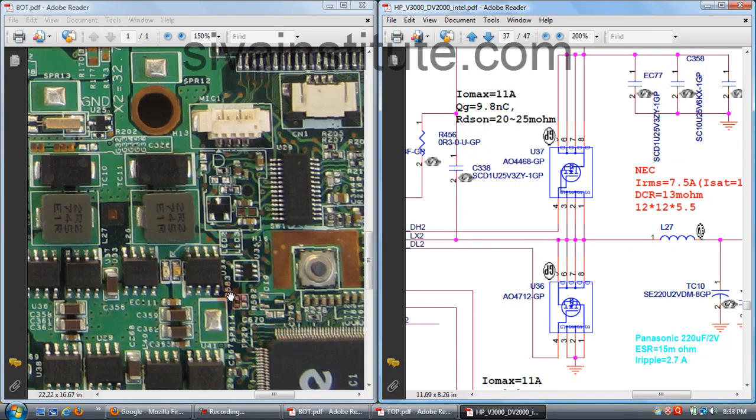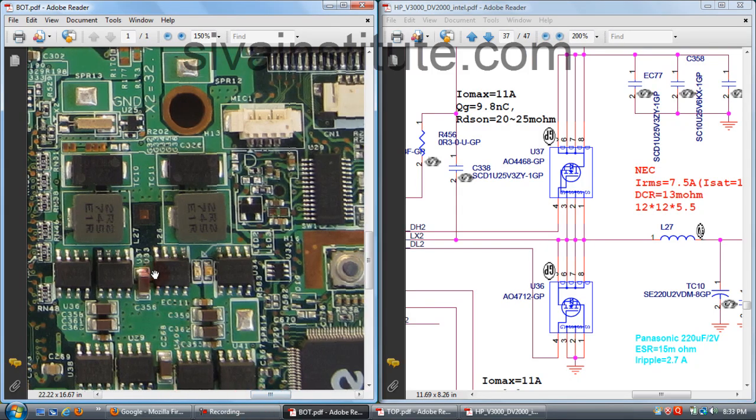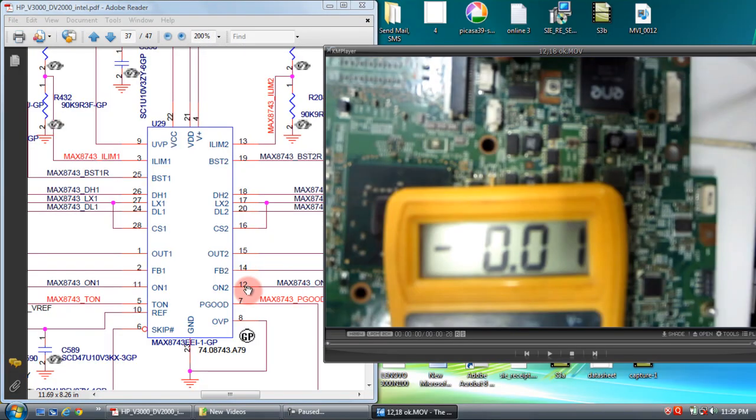Here, this is U29, this is U36, this is U37. This is L27. You should check here 1.50 volts, 1.05 volts.